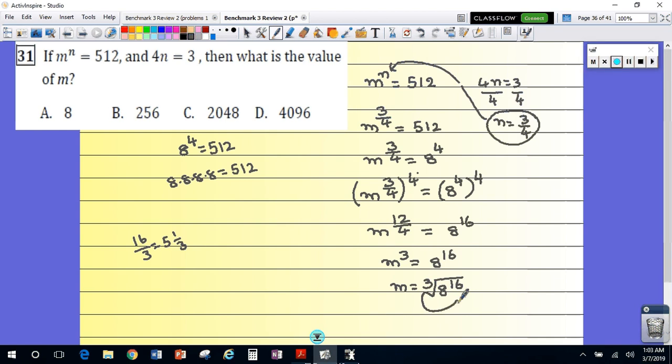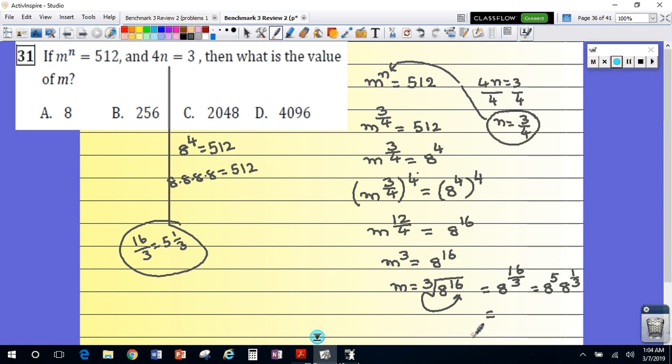Now we need to bring this 3 to the denominator over here, which is 8 to the exponent 16 divided by 3. But 16 divided by 3, I can write as 5 and 1 over 3. So that is 8 to the exponent 5 and 8 to the exponent 1 over 3.